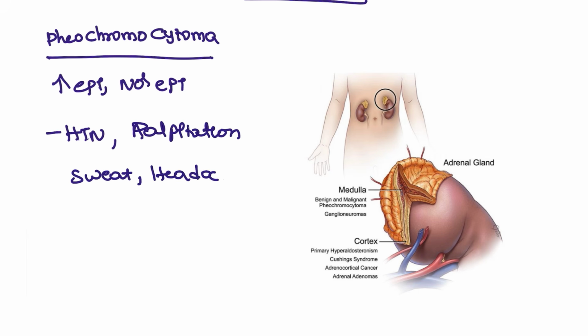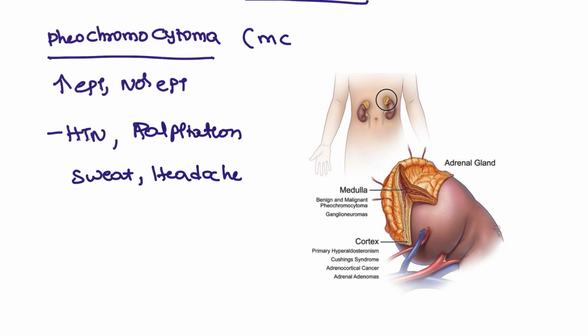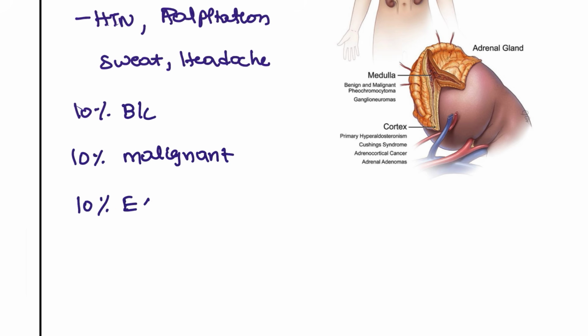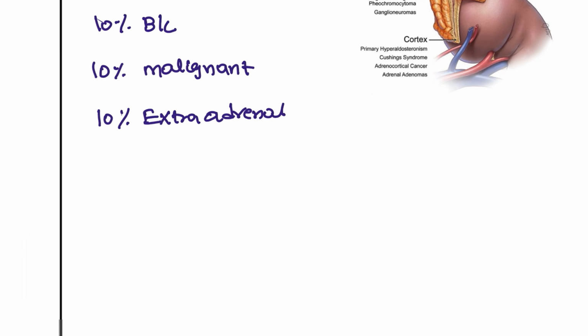These are the complaints. Pheochromocytoma is the most common benign tumor, and in this there is a rule of 10. 10% of patients have a bilateral condition. 10% of patients progress to malignancy. And only 10% of patients have extraordinary symptoms.